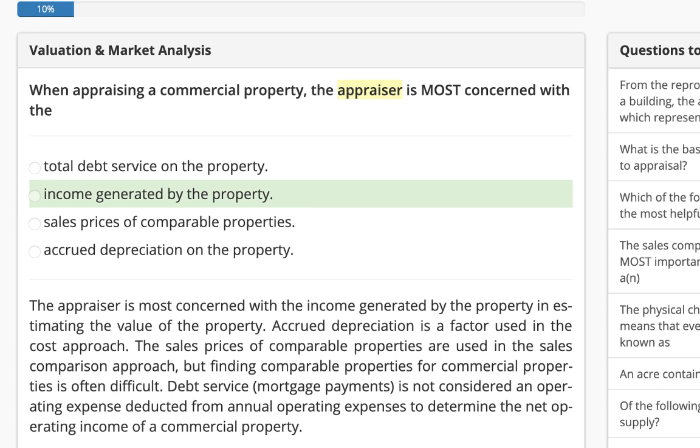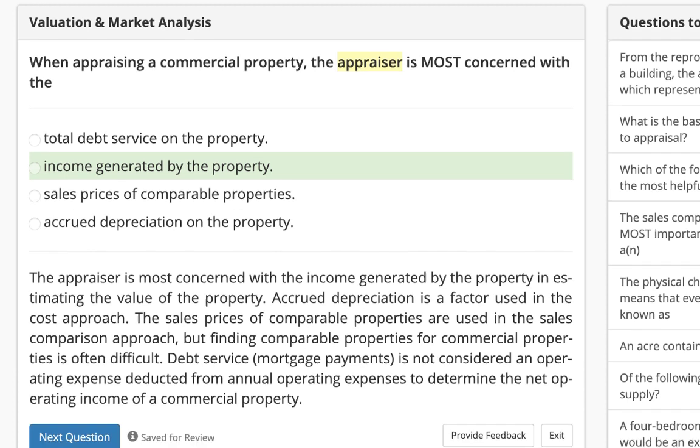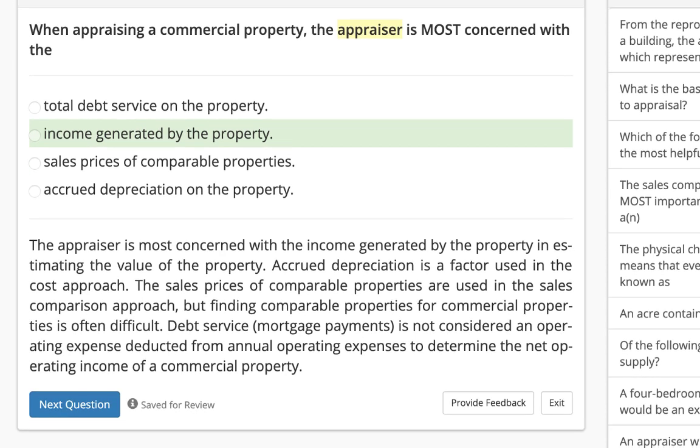They have to do with a residential property or with the building itself or with something that has nothing to do with appraising a commercial property. The debt service on a property has nothing to do with appraising a commercial property. Income approach has that strong connection.